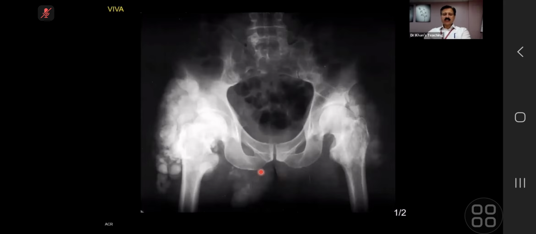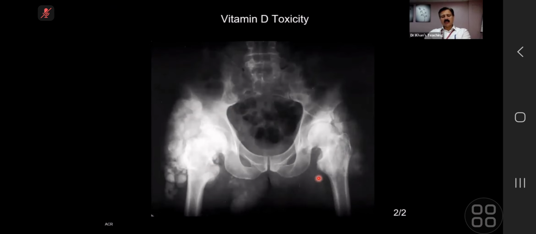If you see here, there is a very significant amount of calcification overlying joints, and the finding is quite significant. And for this type of calcification, 3 differentials should be in your mind. One is vitamin D toxicity.